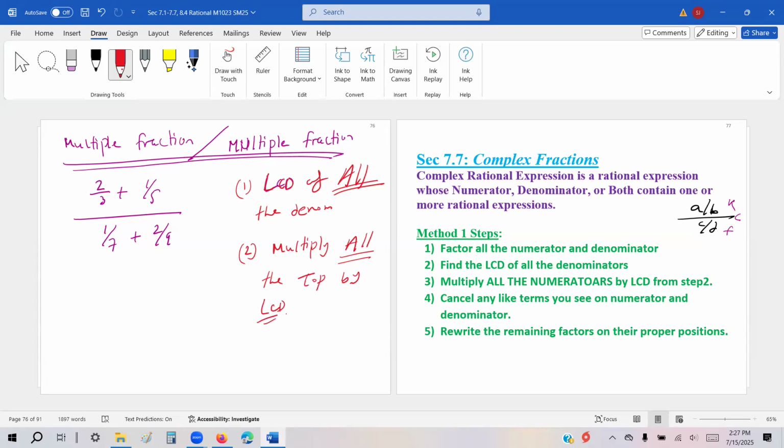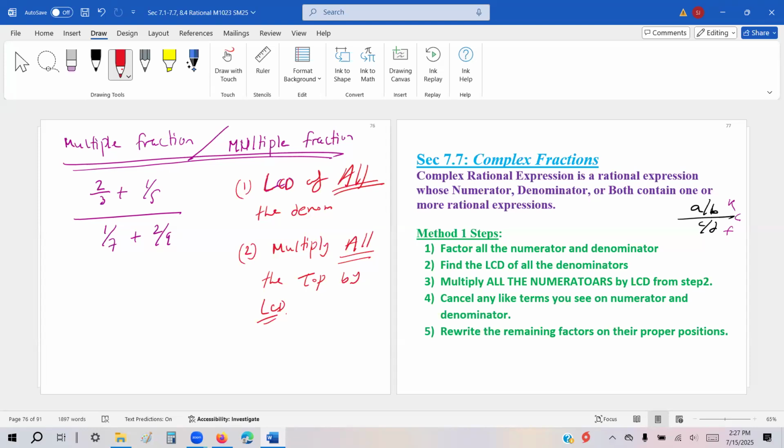So among 3, 5, 7, 9, we find the LCD. And then multiply all the numerators by that. Why? Because if you multiply the numerator by LCD, all the denominators cancel out, and you have just one numerator divided by one denominator, and that's it. You're done.